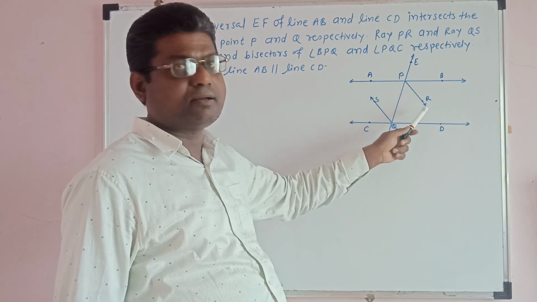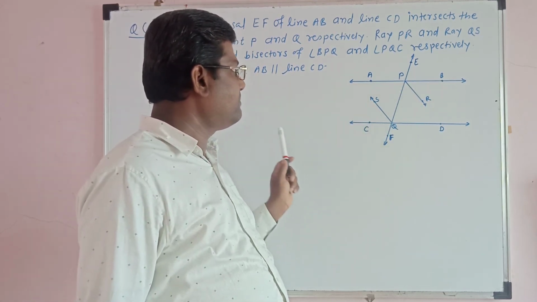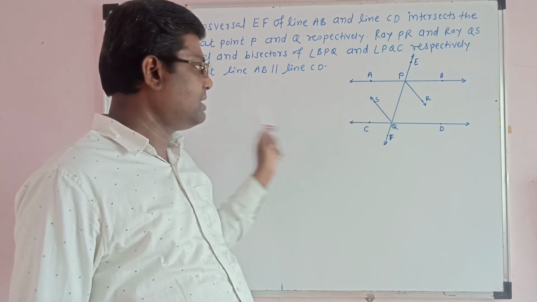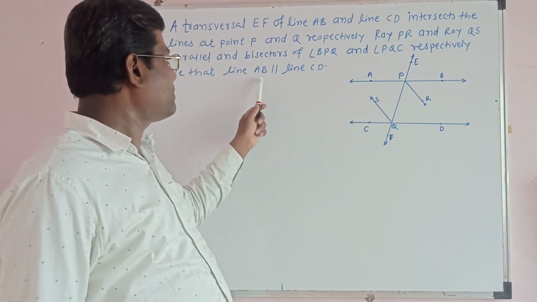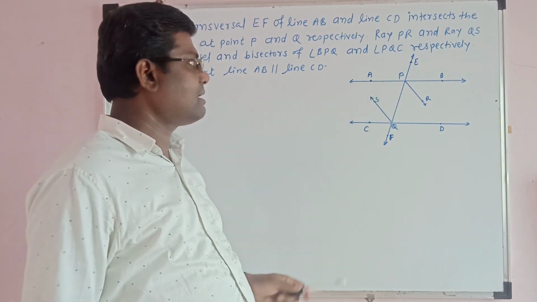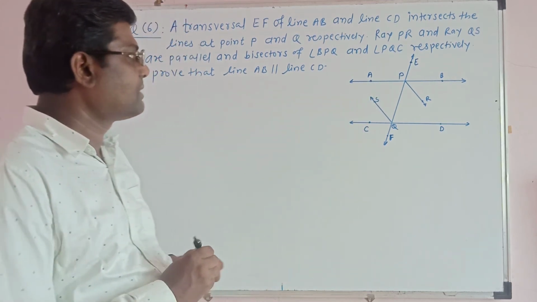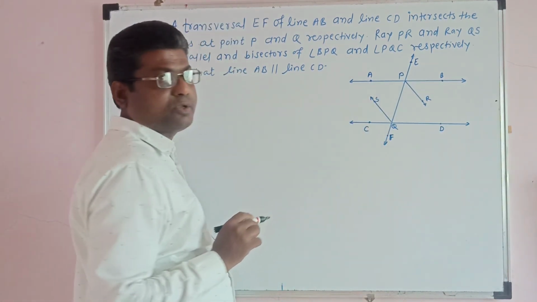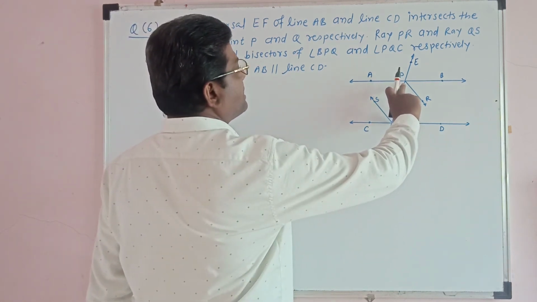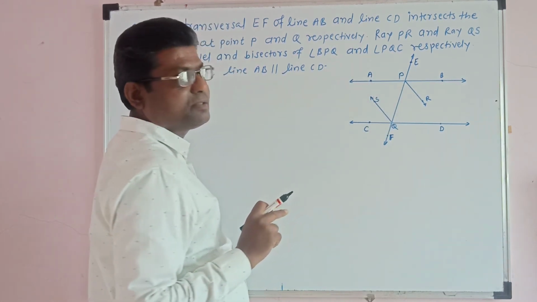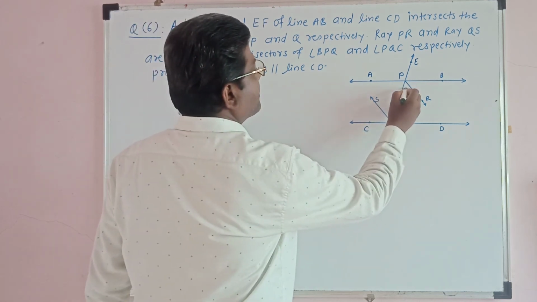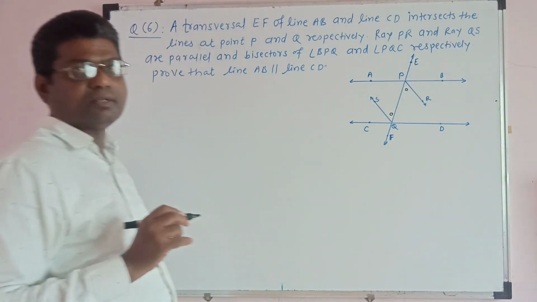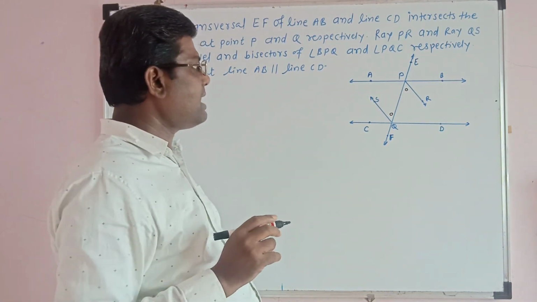Means ray PR is a bisector of angle BPQ and ray QS is a bisector of angle PQC. Then prove that line AB parallel to line CD. Here we have given ray PR parallel to ray QS and line QP is a transversal. Therefore, these two angles are congruent because these angles are alternate angles.